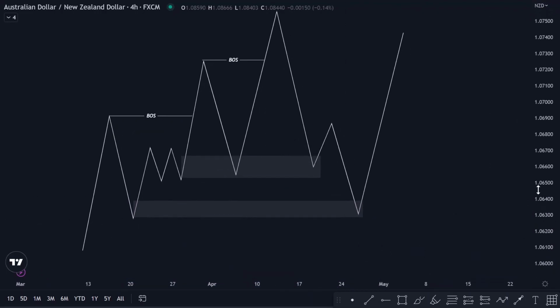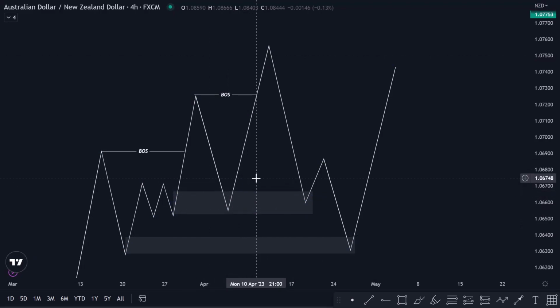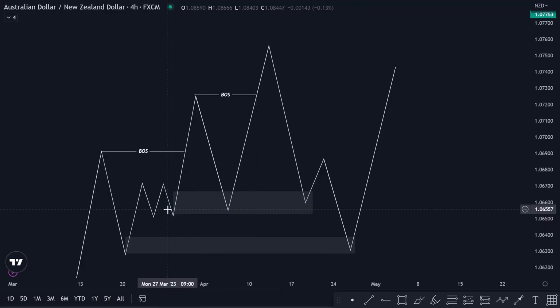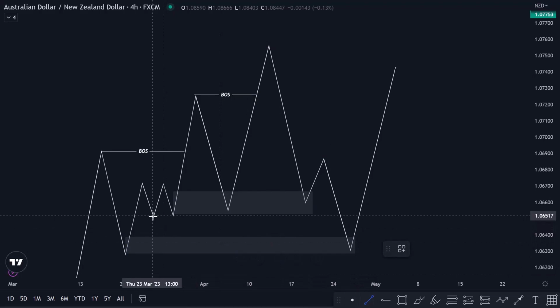First, we can see that in this breakout structure, even though this one played out very well and could get us some profits, it was not an accurate entry. That was not the right entry. Actually, this was an inducement. Price respected it anyway just to create more liquidity, since we had those equal lows before.